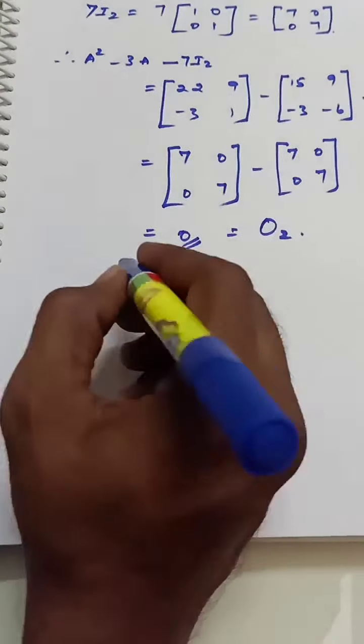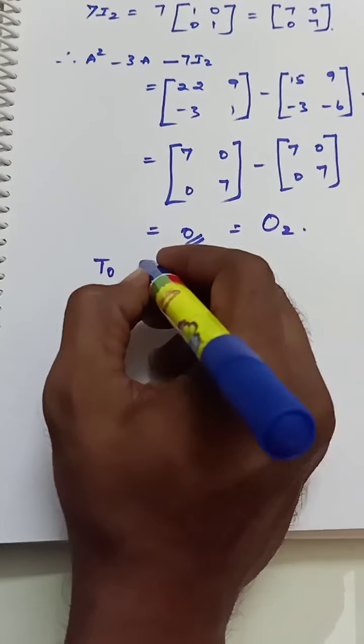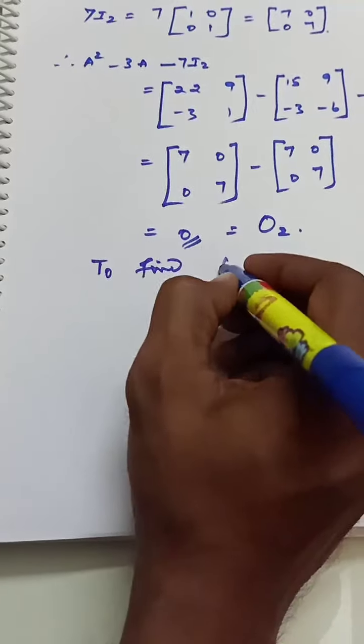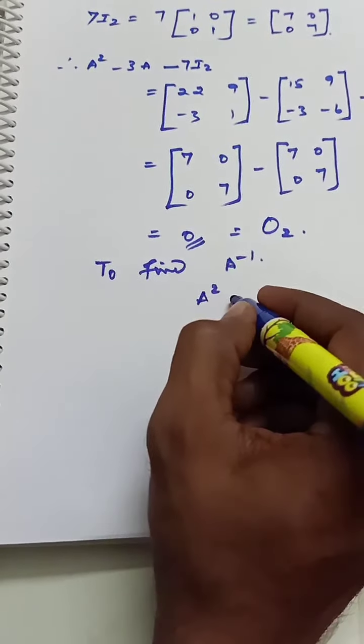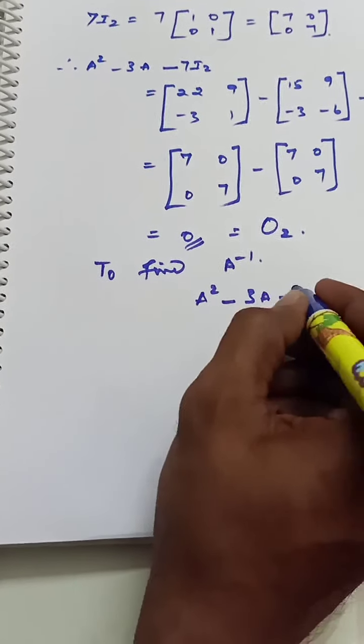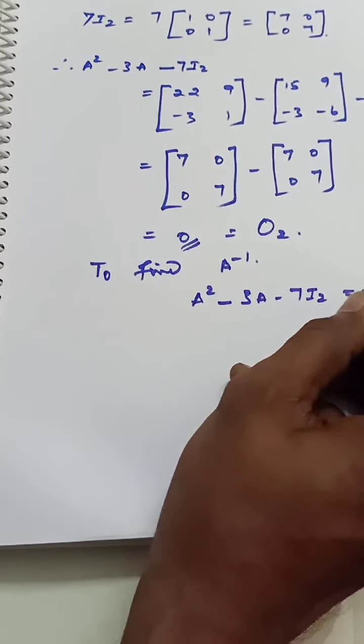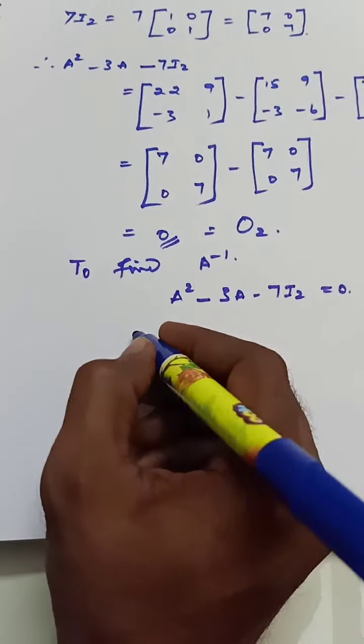The first part is over. The second part, we have to find the inverse. To find A inverse using the given equation, that is A square minus 3A minus 7I2 is 0, we can pre-multiply by A inverse.